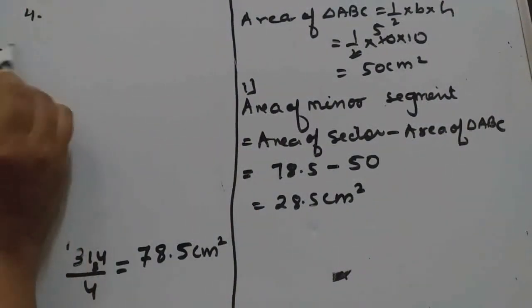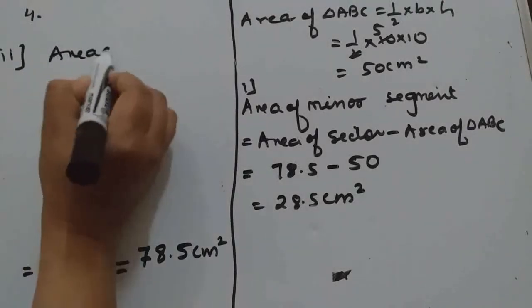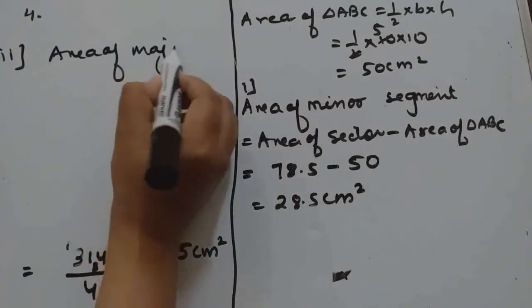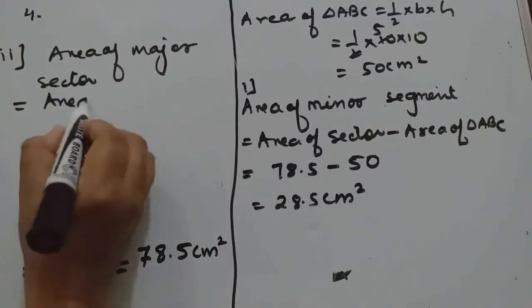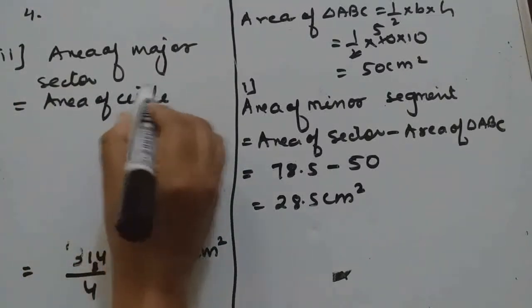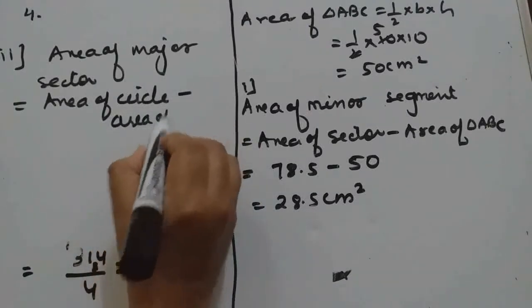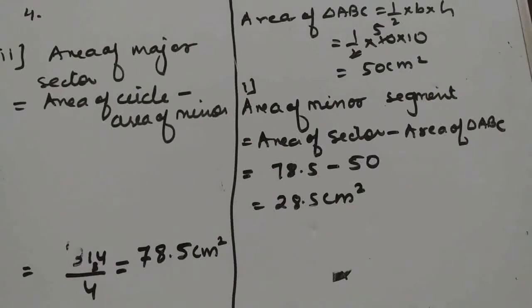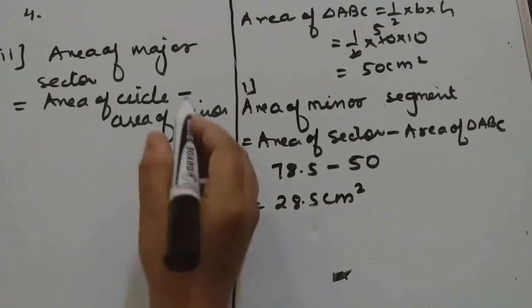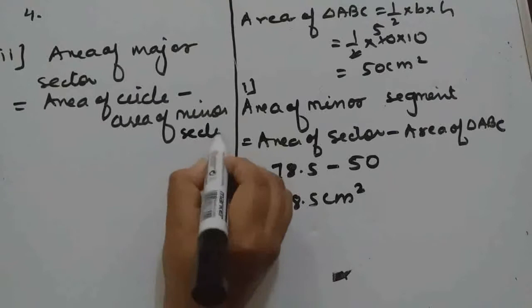Second part of the question, area of major sector is area of circle minus area of minor sector, which is 78.5. Okay, this we should remember. Here we have to keep this value.